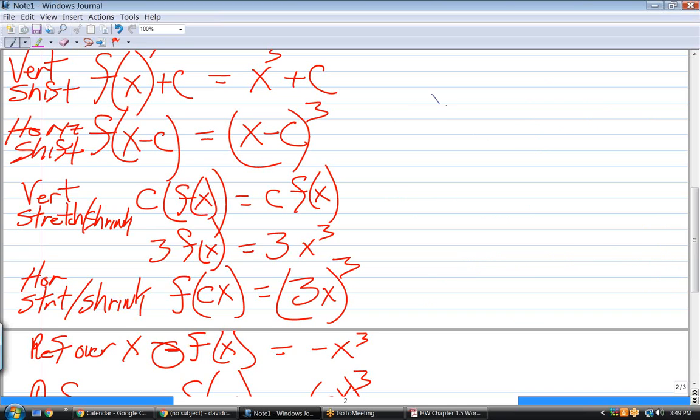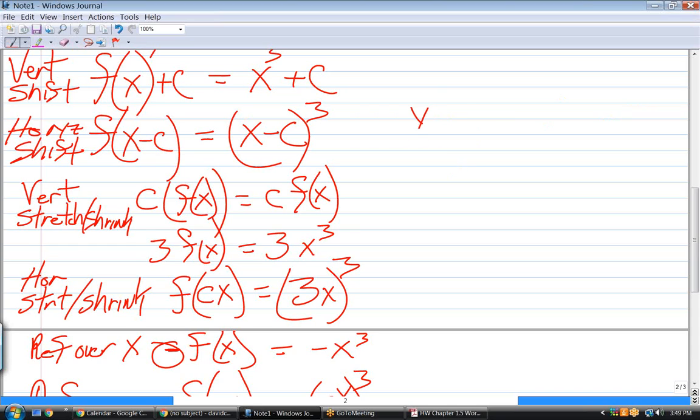So if I gave you y equals x squared plus 5, what are we doing? It's going to move up 5 from the parent function of x squared. Vertical shift of plus 5.